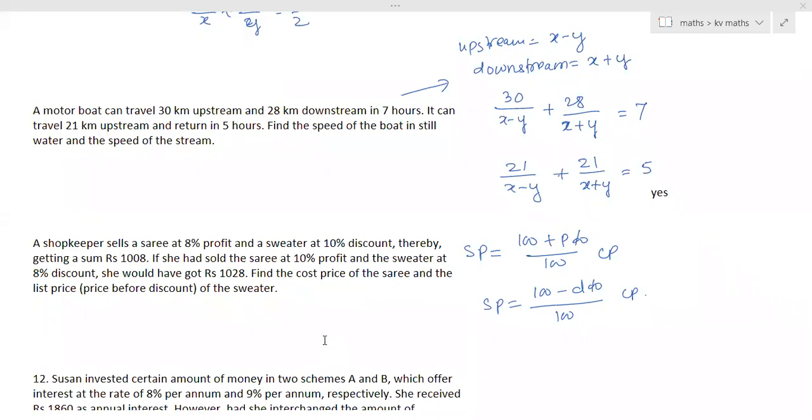Got it? Yes, ma'am. Everyone, yes? Only this one, a shopkeeper sells. Don't solve that lower one. Yes, what happened? Ma'am, is the sari 600 and the sweater 400? One second. Yes, 600 and 400, right?